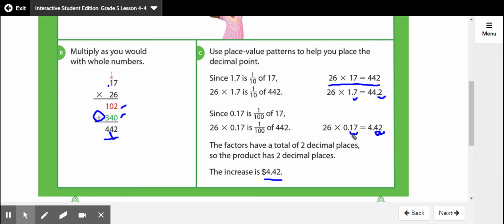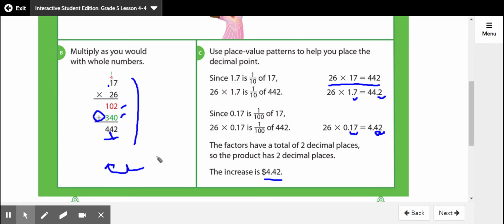Okay, so we had 2 decimal places. So this is how, if you remember, just go back here. We had 17 times 26, but then we had this decimal, which was 2 over to the left.